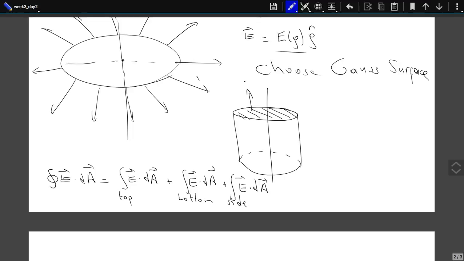At the top, this is the direction of dA vector. At the bottom, this is the direction of my dA vector. On the sides, this is the direction of the dA vector.